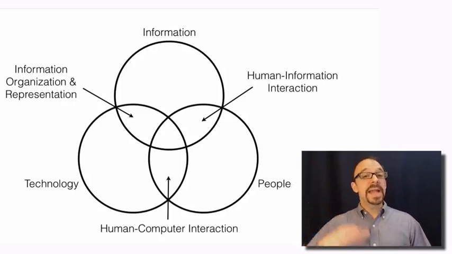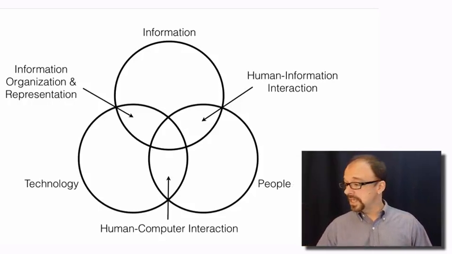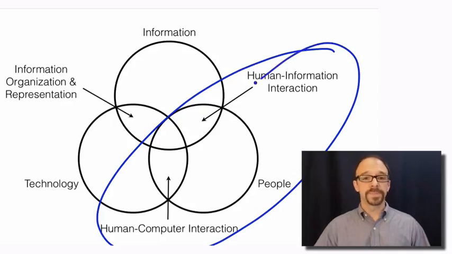But, of course, that gets us into studying people's interactions with information objects and information technology. It gets us into this quadrant of this diagram here, which, I'll be honest with you, is way beyond studying metadata schemas and metadata records.